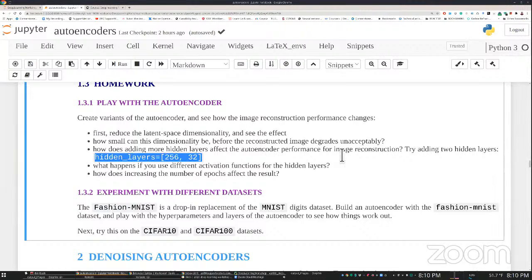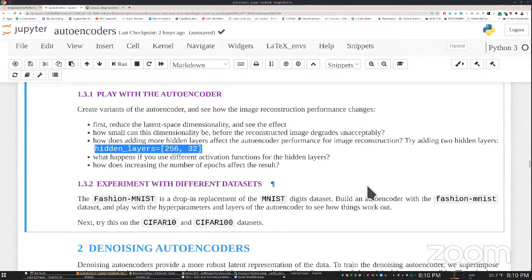In the vanilla version, you didn't give the hidden layers, so it automatically picked 64. But suppose you explicitly give a few hidden layers of different sizes, then what happens? I used ReLU as the activation function. What if you change it to something else? So try it out, guys. Play with the different activation functions. See what it does. Look at the runtime, how slowly or fast it learns.